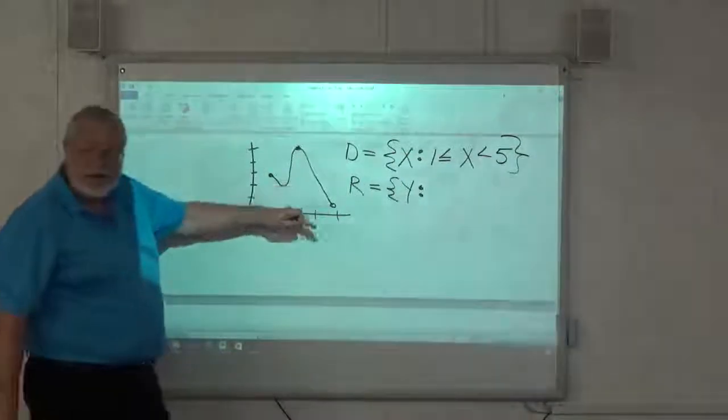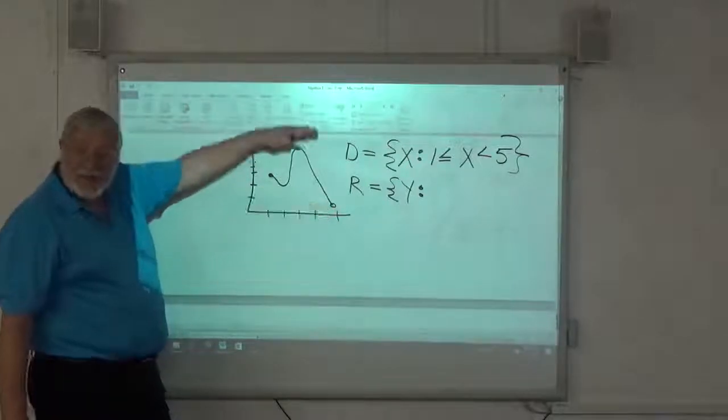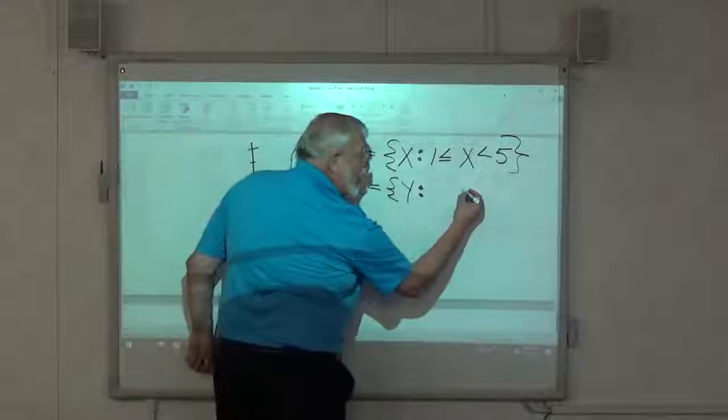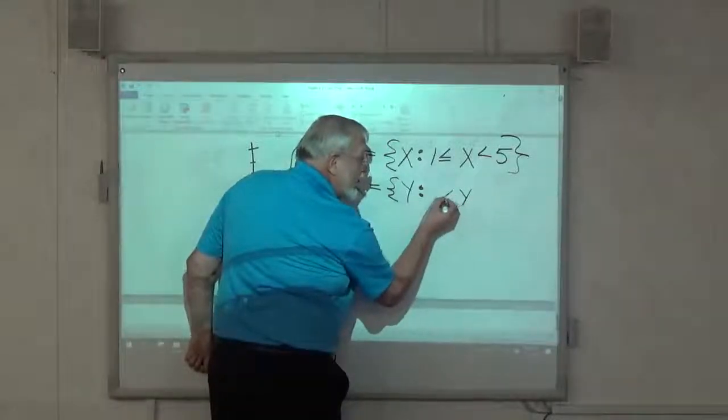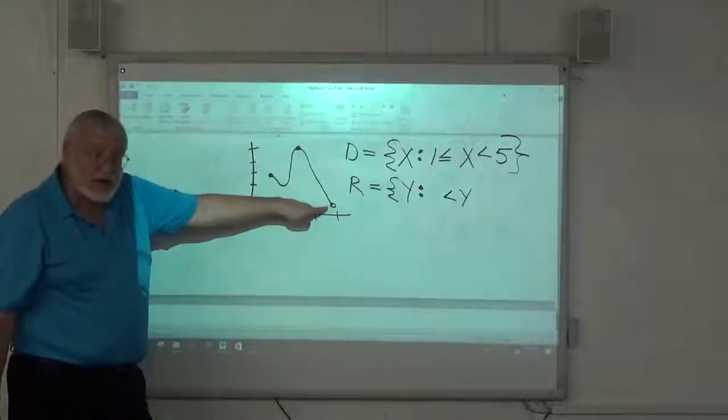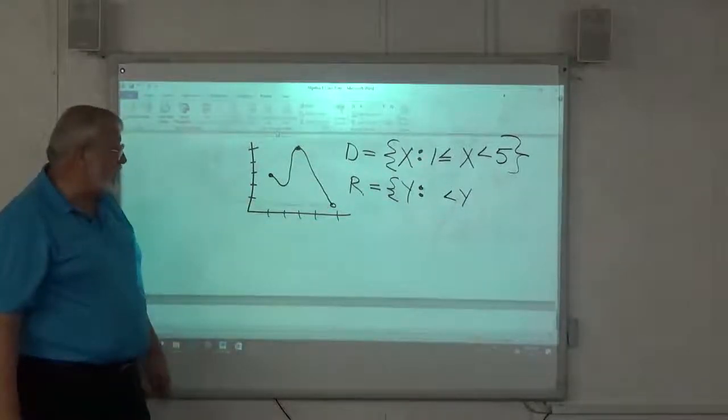Okay, all right, now notice, here's the bottom part. y has to be greater than, let's read it that way, open circle. So I don't use the equal. Greater than what? 1.